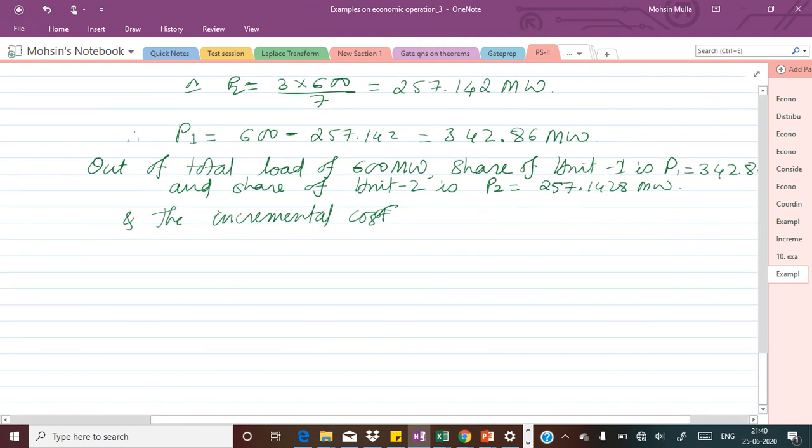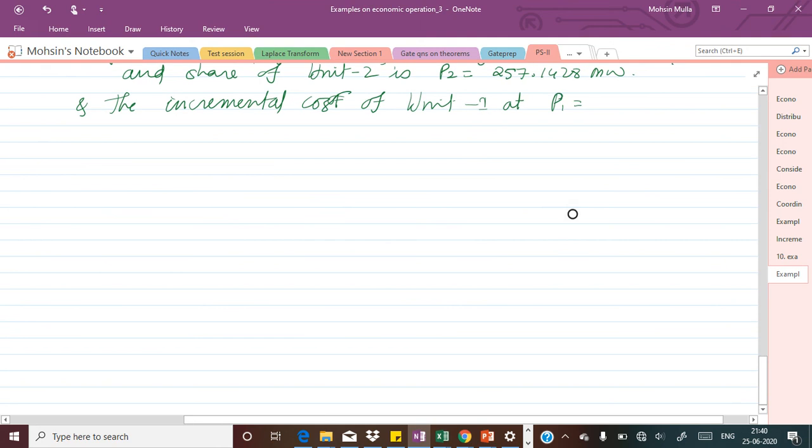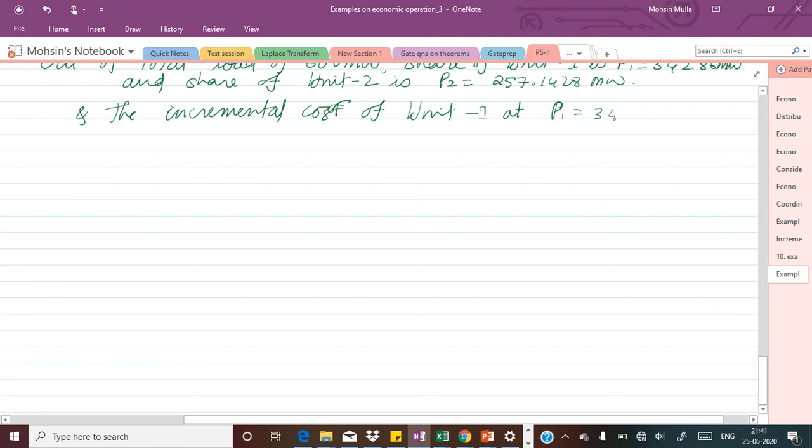Okay, and the incremental cost of unit 1 at P1 equal to 342.86 megawatt, so let us calculate that.